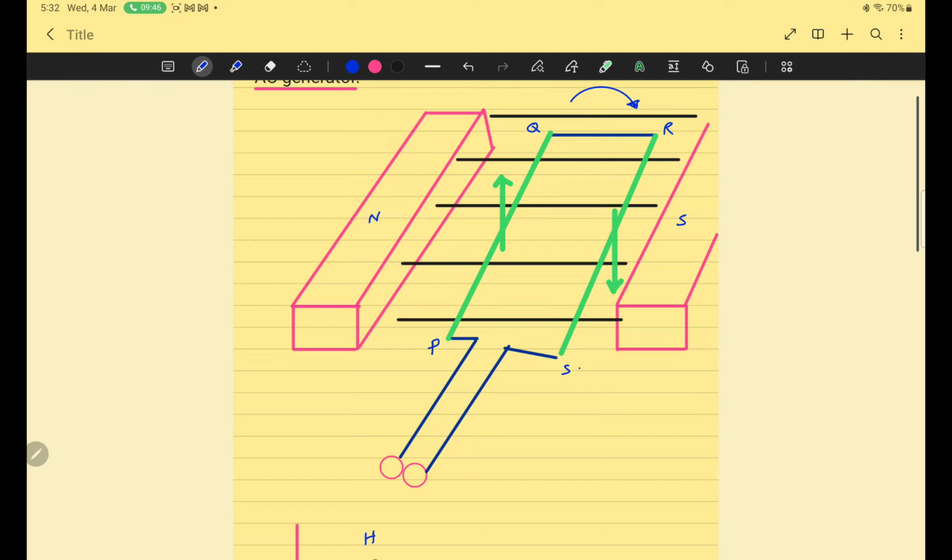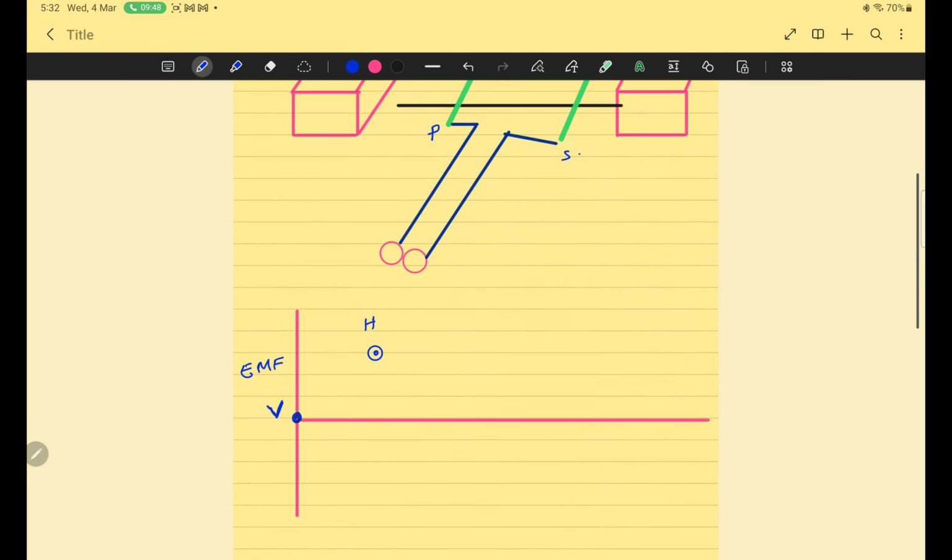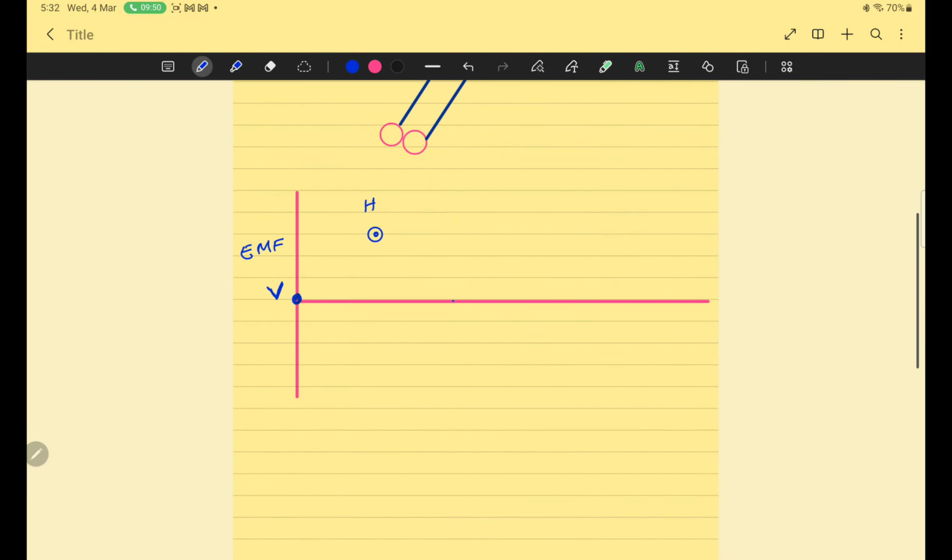When the coil turns further, it becomes vertical again, and then induced EMF will be zero. As it continues to turn, it becomes horizontal. When it becomes horizontal, the EMF will be maximum, but in the opposite direction.